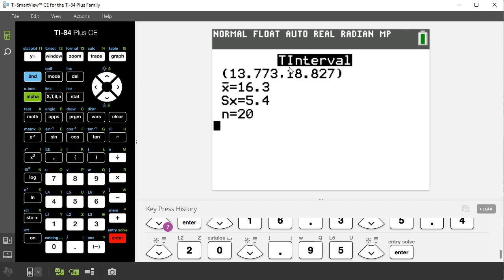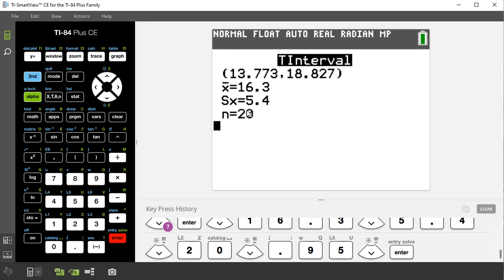See how the endpoint is 13.77, which rounded would be 13.8. And over here this gives us 18.8. So we can actually get a confidence interval if we already have the statistic for the sample mean and the statistic for the standard deviation.